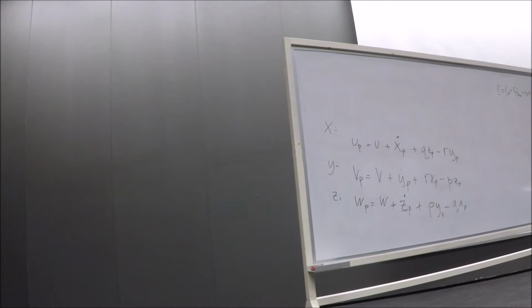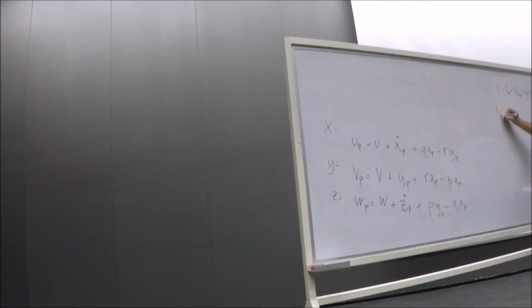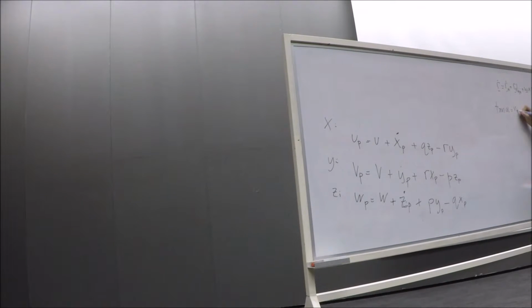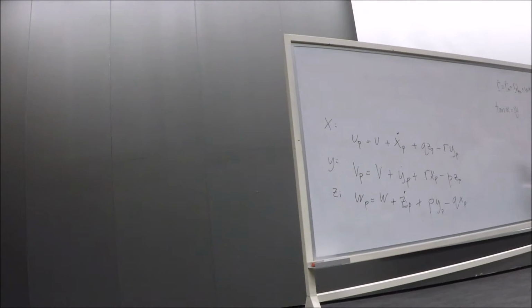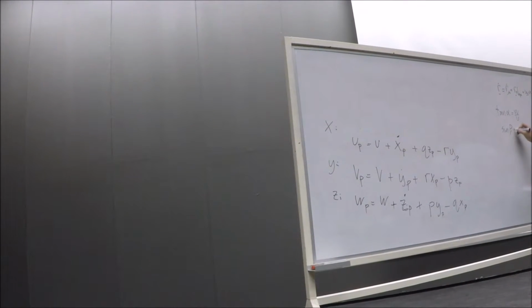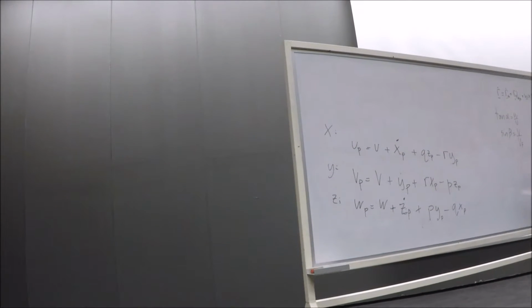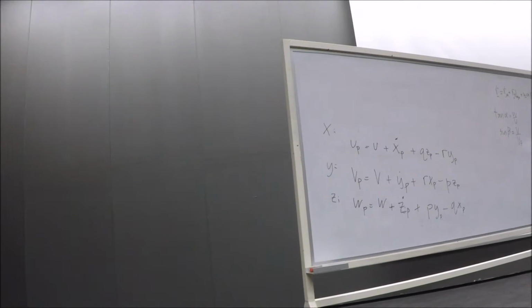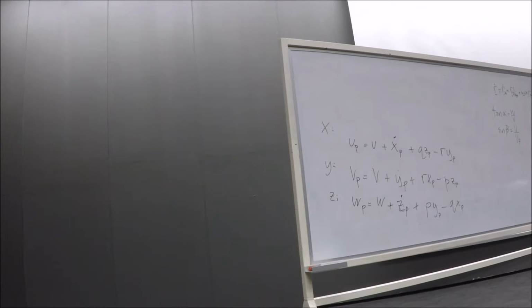So what are the equations for the aerodynamic angles? We know that tangent alpha is given by the ratio W over U, and the side slip angle is given by the ratio between velocity along y and total velocity of the aircraft.